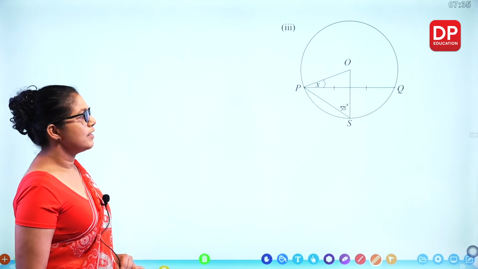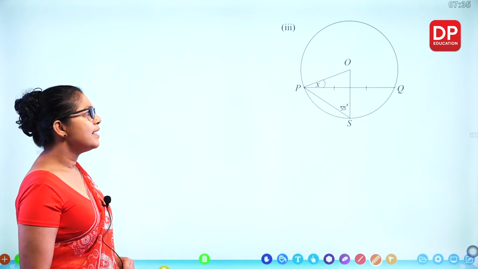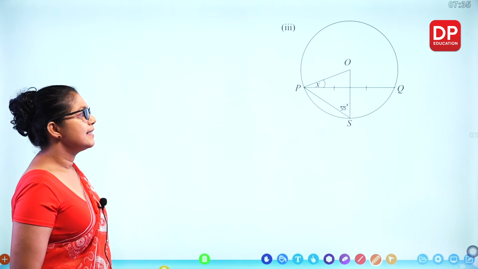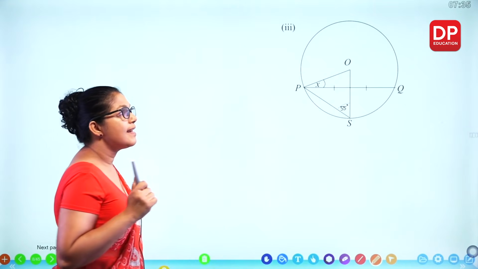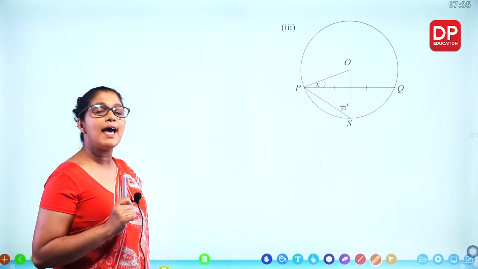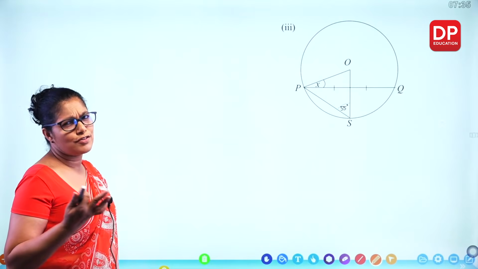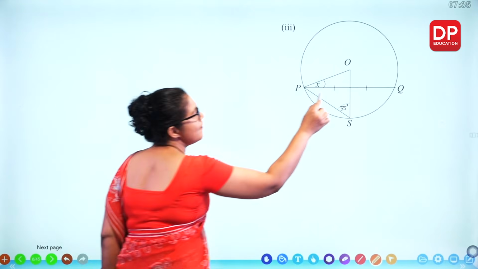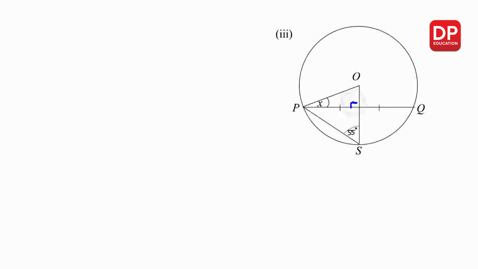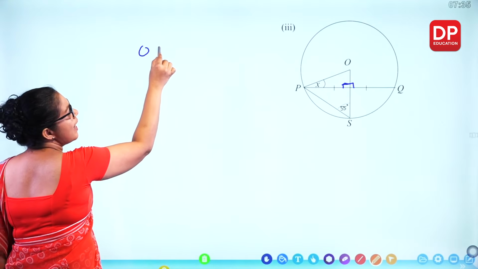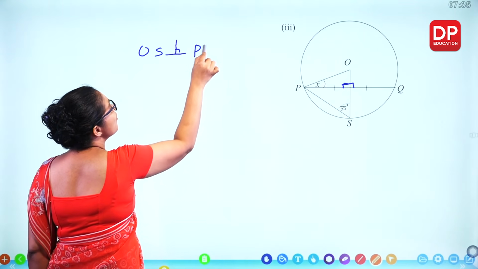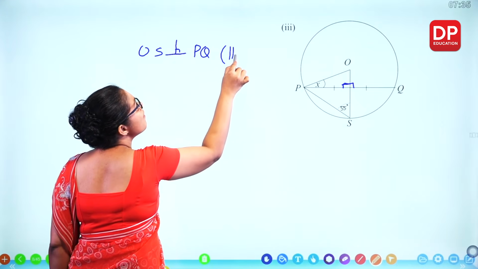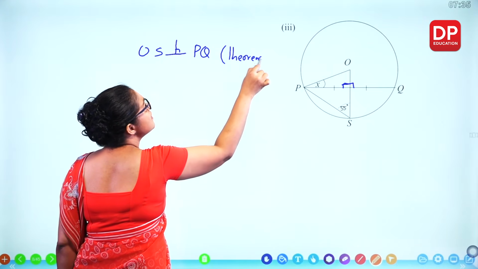Now let's take the third part. Again, look carefully. PQ is a chord, O is the center. And this line, OS, is the line joining the center and the midpoint of the chord. So straight away, what can you say? We can easily write this should be perpendicular. So OS should be perpendicular to chord PQ. That's theorem number 1 related to chords.